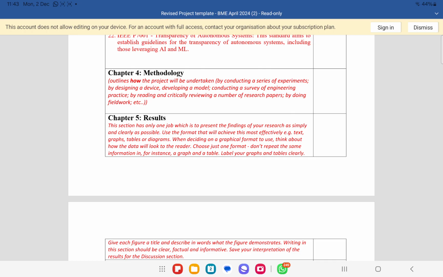What you are expecting here is either a block diagram or a flow diagram, and you must be able to explain each one: what is your input data, what happened to the input data, what are the different phases. This will tell you exactly the different phases of your project, from the input until the output.